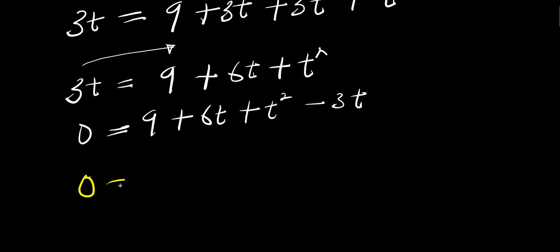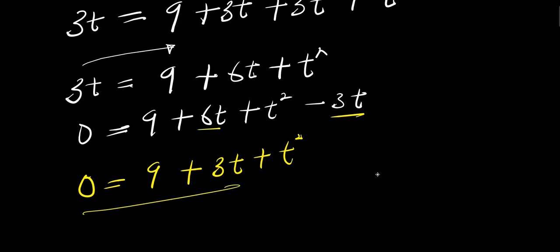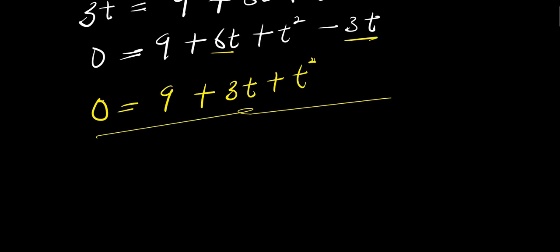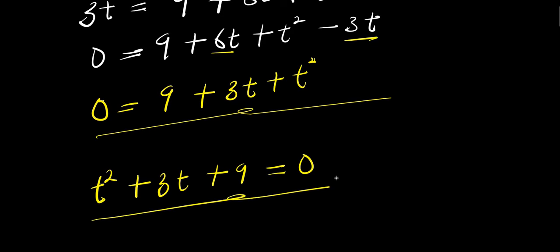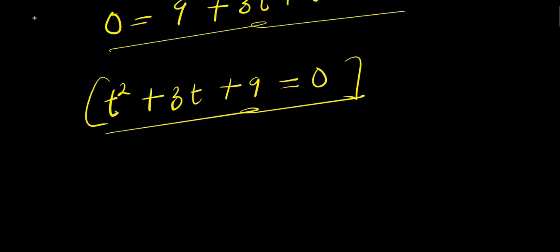So from here, we have 0 equals 9 plus 3t plus t squared, because 6t minus 3t is 3t. I can rearrange this: t squared plus 3t plus 9 equals 0. So this is a quadratic equation that we are going to solve for t using the formula method.